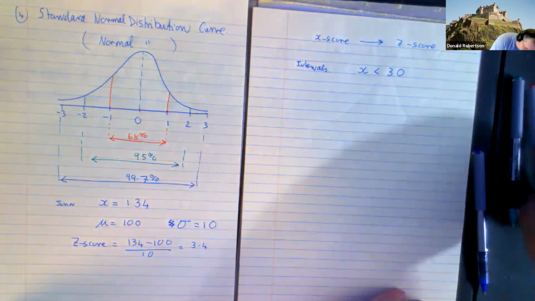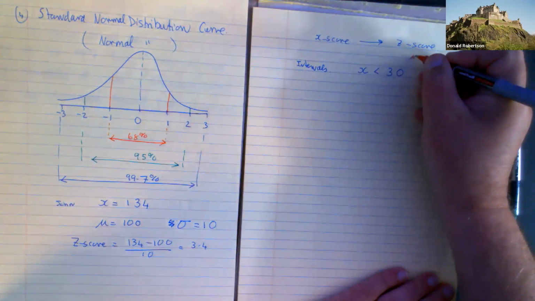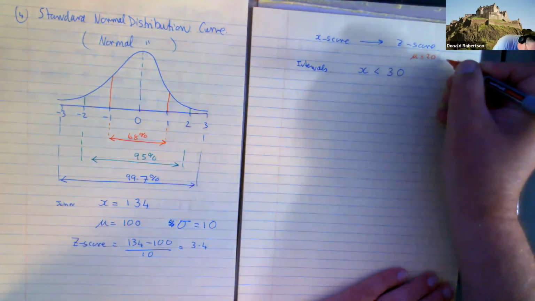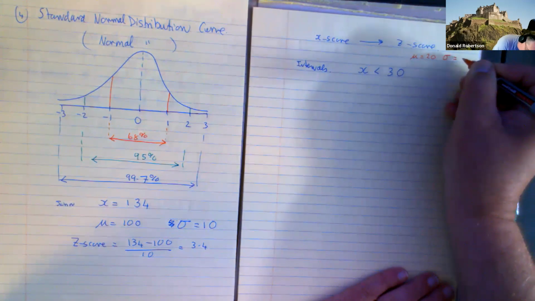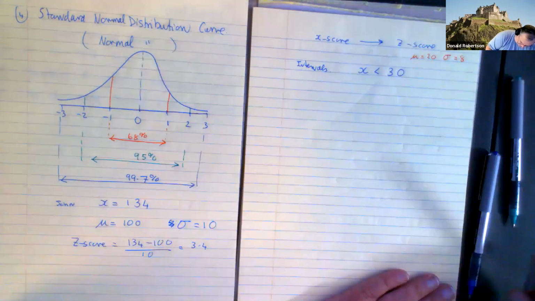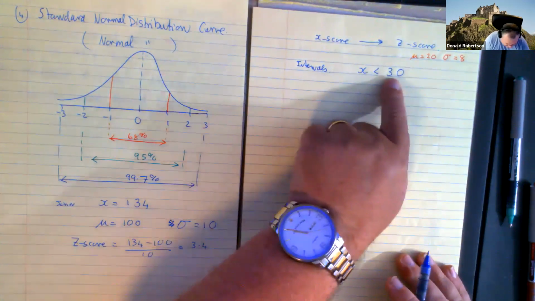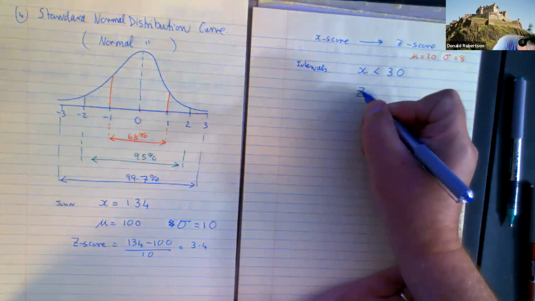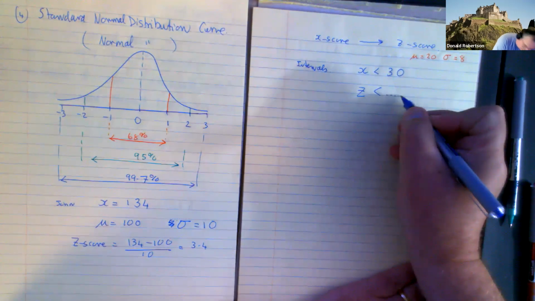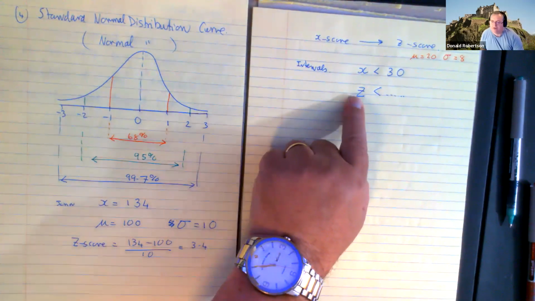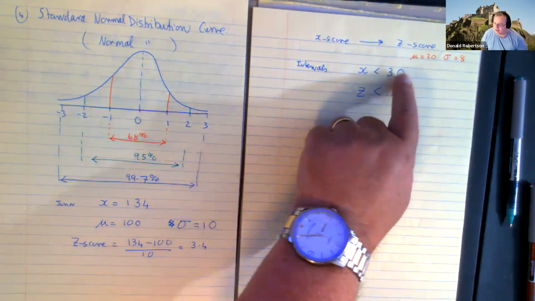So let's suppose that we have a mean of 20 and a standard deviation of 8. And our job is to turn this into what would a Z score look like if the data was less than 30.